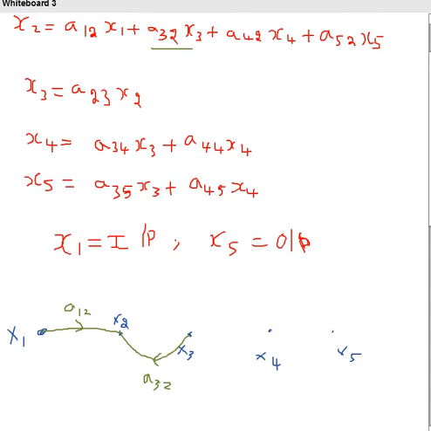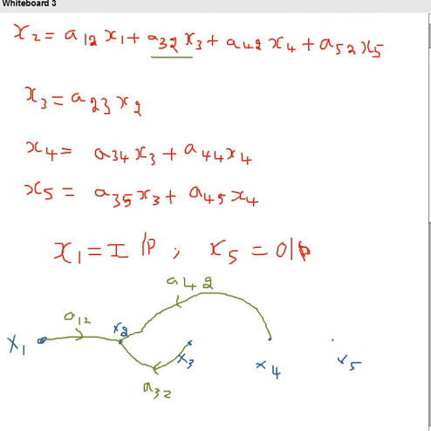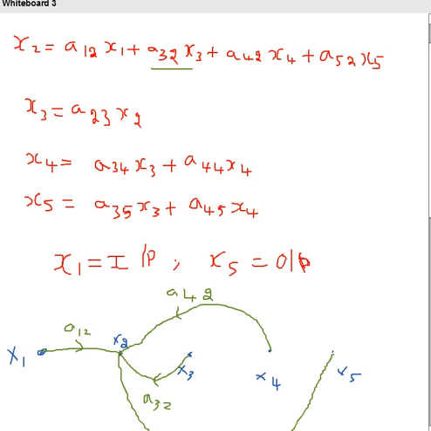From x4, a42 is coming. From x5, a52. So this is the first equation. x2 is the summing node, so it sums the signals from x1, x4, x3, x5. So the first equation is over.